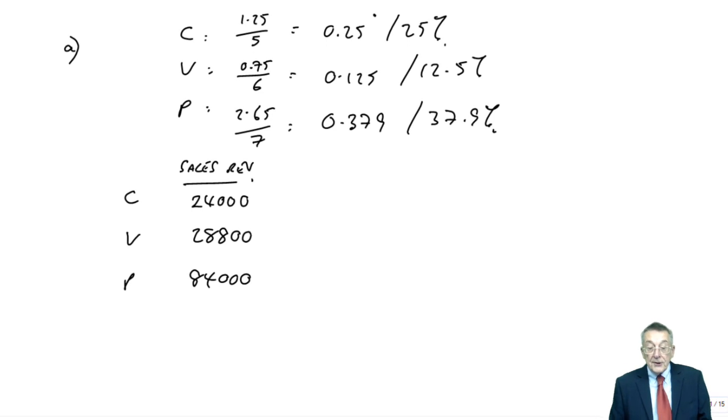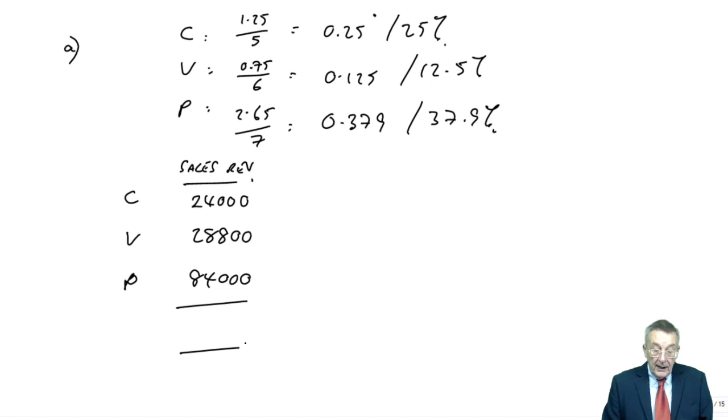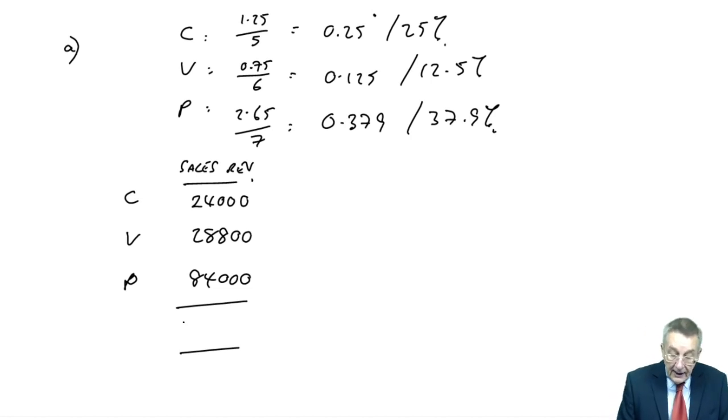And so in fact, because so many of our sales are budgeted to be P, from what I was saying before, I'd expect the overall CS ratio to be closer to P's than to the other two. But the total sales revenue I'm budgeting on, 24,000, 28,800, 84,000, is 136,800.